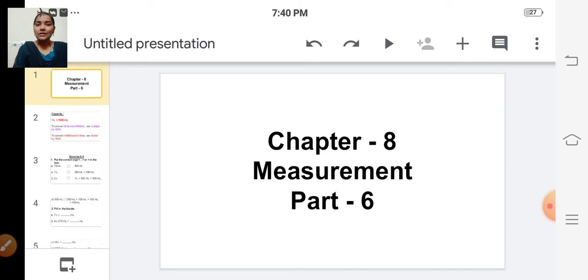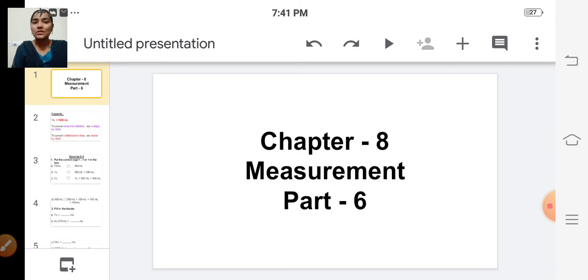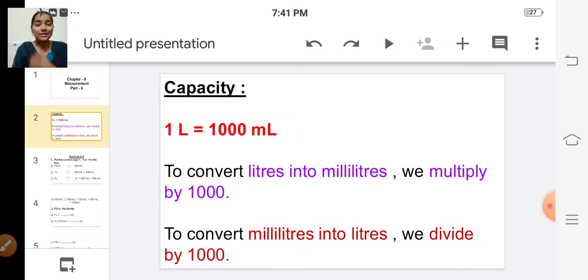Okay, then how to convert milliliter into liters? To convert the smaller unit into bigger unit, we have to divide. So to convert milliliter into liters, we have to divide by 1000. And to convert liter into milliliter, we have to multiply by 1000. So these are all the things we have learnt in the previous class, right?